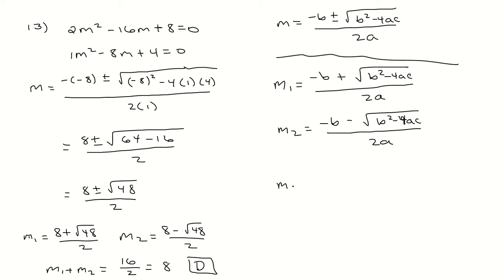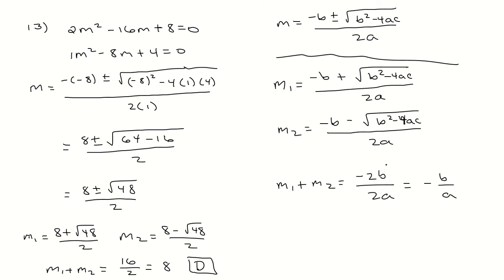And if I add those two, regardless of what a, b, and c are, the plus square root of the discriminant and the negative square root of the discriminant are going to cancel. Negative b plus a negative b is negative 2b over the 2a.